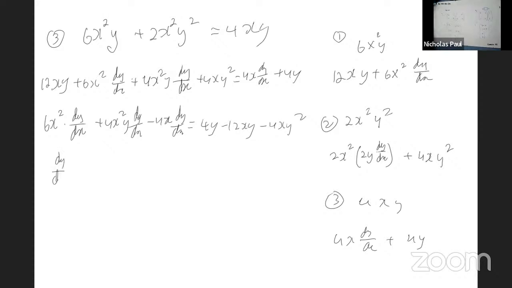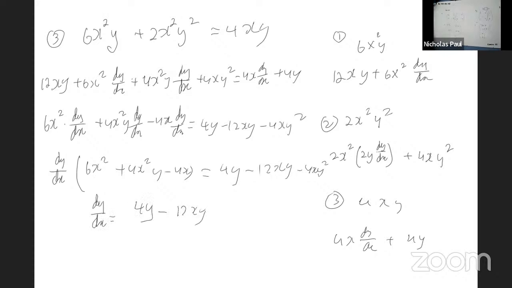So we're left with dy/dx times 6x squared plus 4x squared y minus 4x is 4y minus 12xy minus 4xy squared.